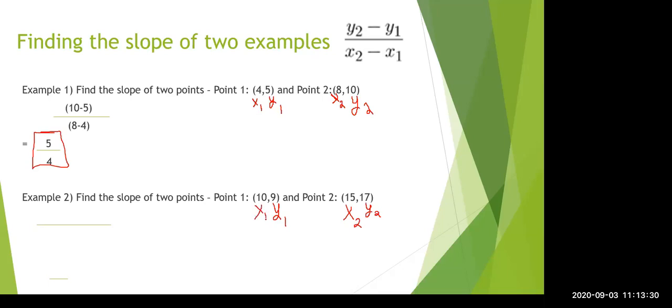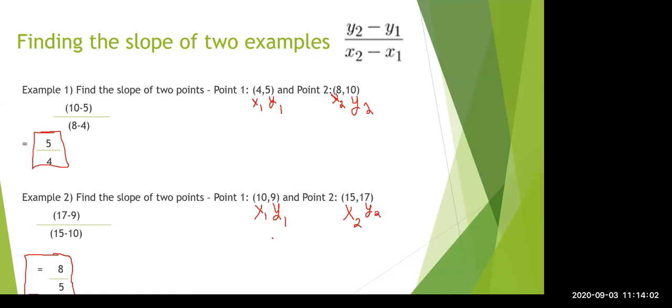So now we're just going to plug in the different numbers. The first thing will be 17 minus 9, because of y2 minus y1, and then 15 minus 10, because x2 minus x1. So if we do 17 minus 9, it would be 8, divided by 15 minus 10, which will be 5. So the slope of this example is 8/5, or 8 over 5.